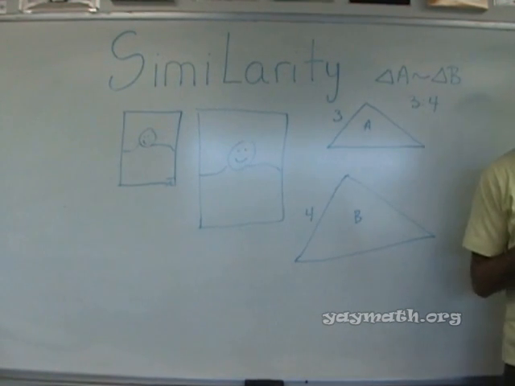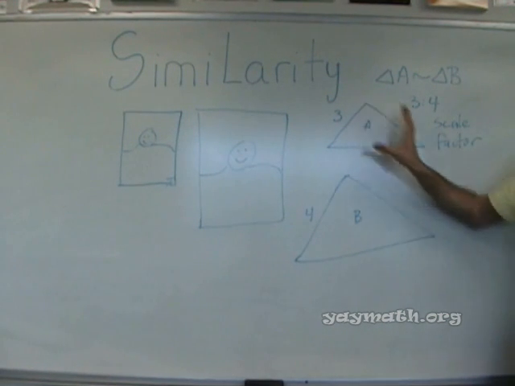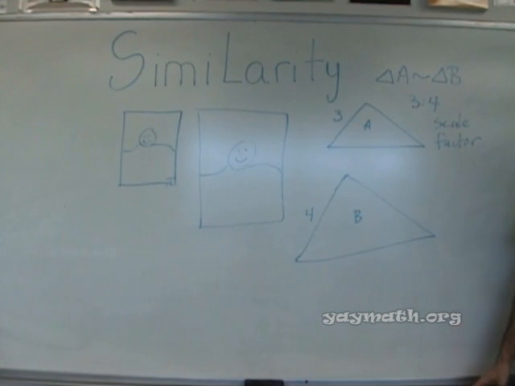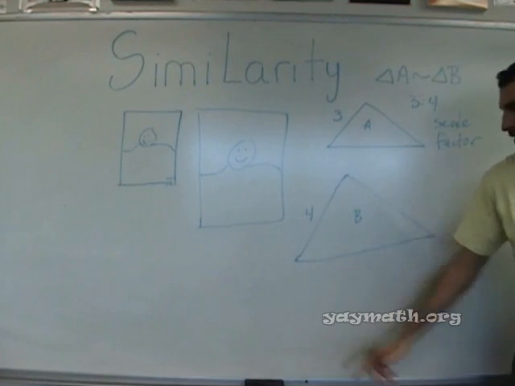This relationship, I want you to know the vocab term for it. This relationship here is called the scale factor. Scale factor, more or less, is the relationship of one side to the corresponding side in a similar shape. So for every 3 that's on this, you'll have 4 here.